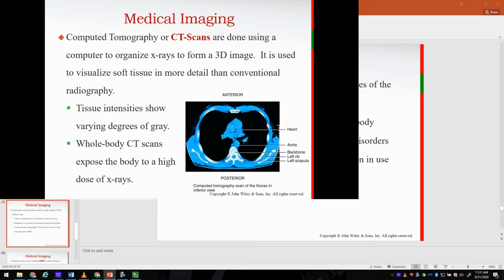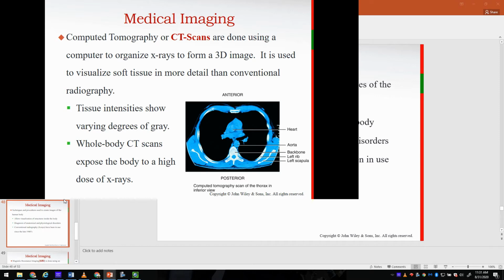Here we have a picture of a CT scan, but notice the lungs are not in this picture for whatever reason. Clearly they should be right here, but we're looking at the heart, which is soft tissue, and the lungs are not visible, and a lot of the blood vessels are not visible. The large blood vessels off the heart are not visible in this scan.